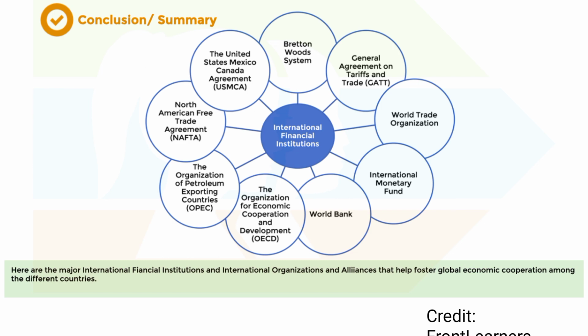We have the North American Free Trade Agreement, NAFTA, the United States-Mexico-Canada Agreement, Bretton Woods System, General Agreement on Tariffs and Trade, World Trade Organization, International Monetary Fund, World Bank, the Organization for Economic Cooperation and Development, and the Organization of Petroleum Exporting Countries.